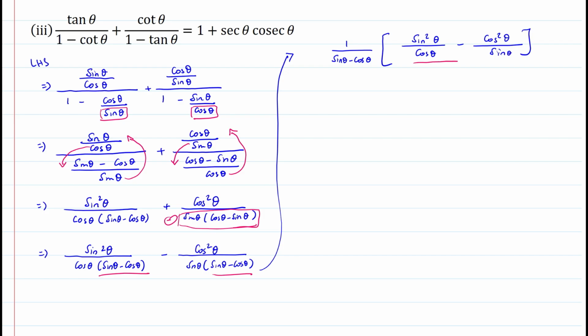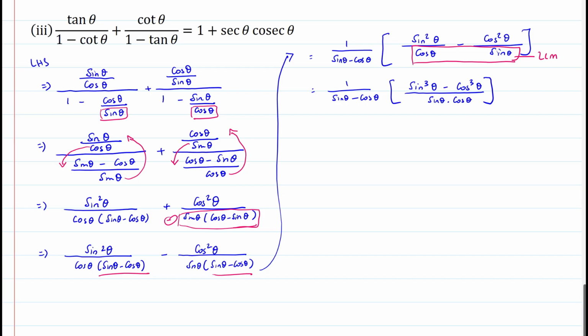Now, we take these two as LCM. Therefore, the next step will be equivalent to 1 by sin theta minus cos theta, whole thing multiplied by, numerator will be sin cube theta minus cos cube theta divided by sin theta into cos theta.